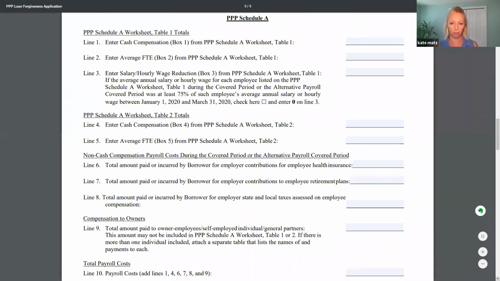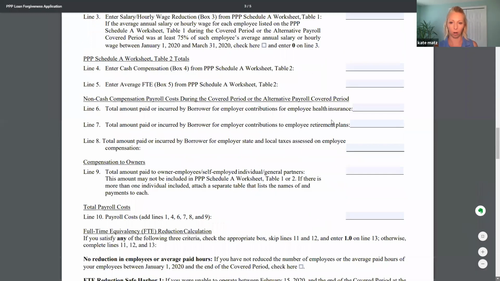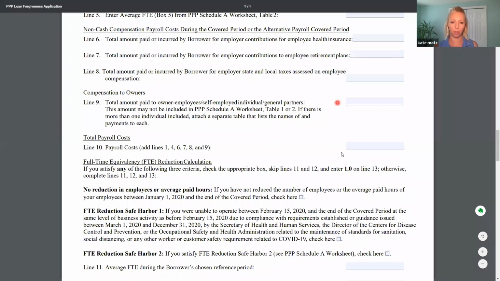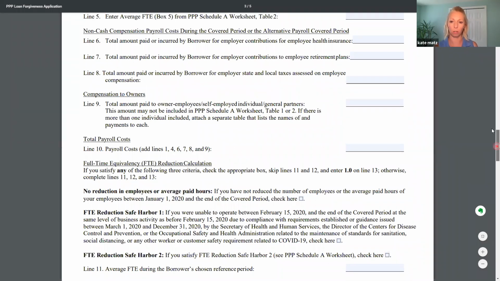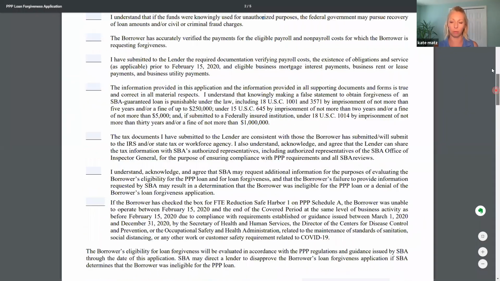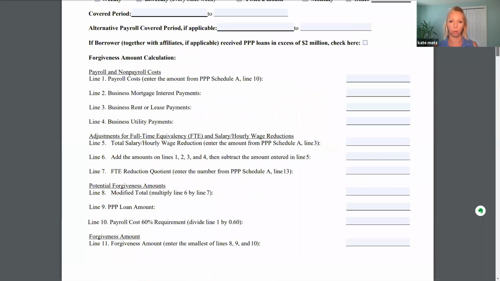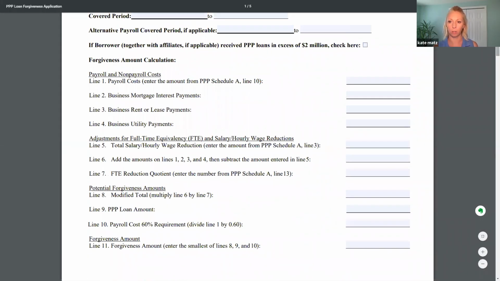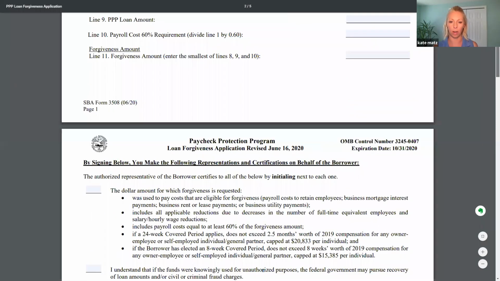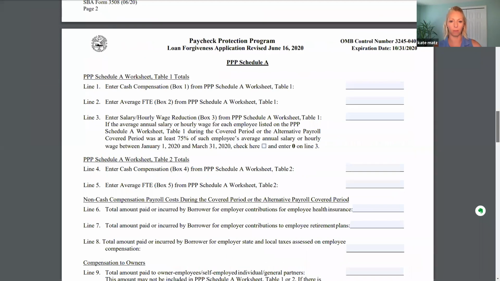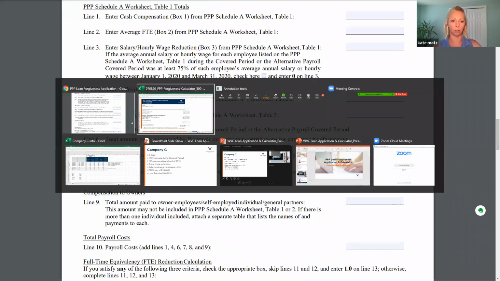Finally, we add in our owner's compensation, and that gets us to our total payroll cost. So that total payroll cost is what rolls up into line 1 on that first page. So again, this Schedule A is diving down into that next layer of detail.